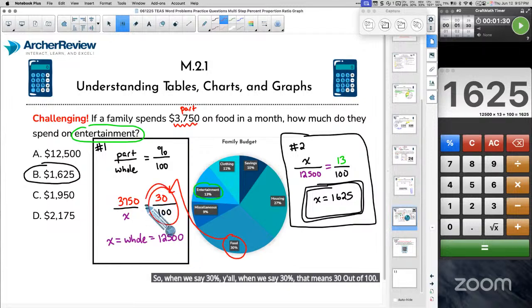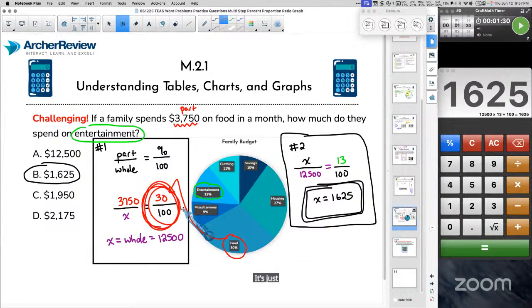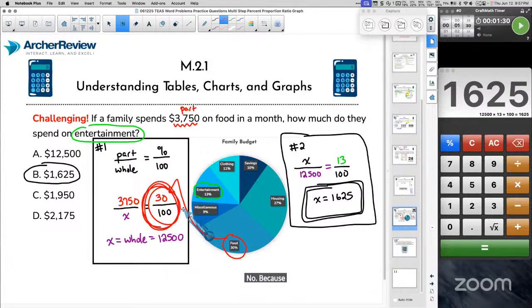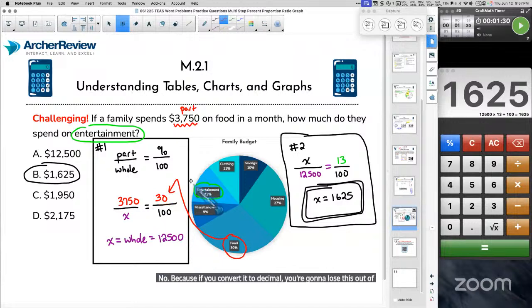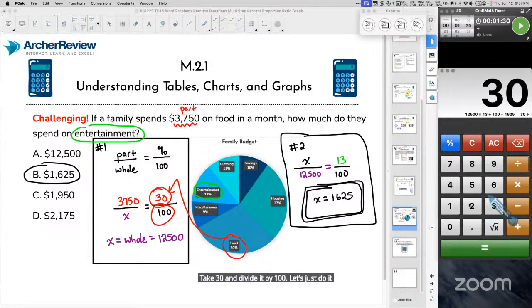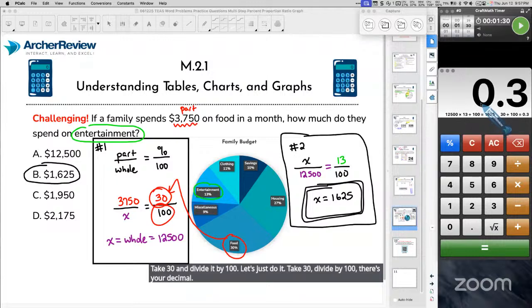So this fraction right here is 30%. It's just that we're using the fraction representation. What the student was asking is, do we have to convert it to decimal? No, because if you convert it to decimal, you're going to lose this out of 100. But watch. Take 30, divide by 100. There's your decimal representation of 30%.